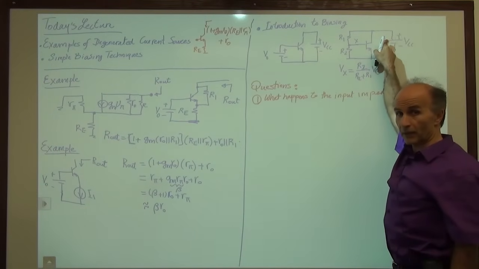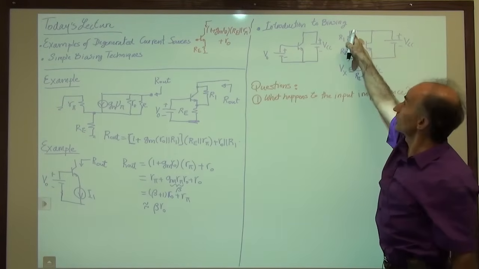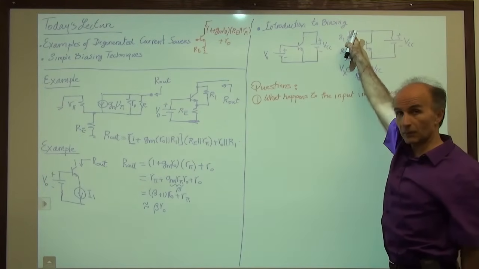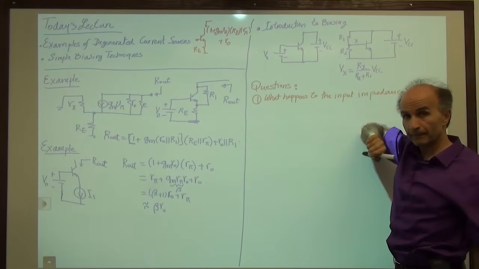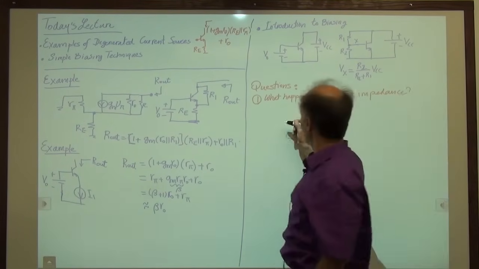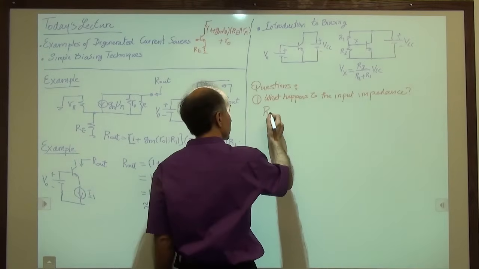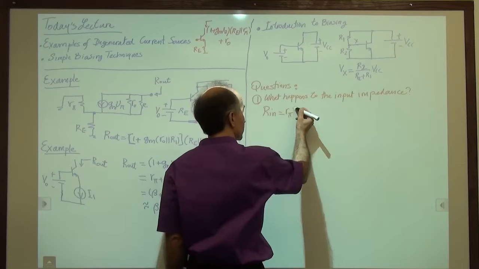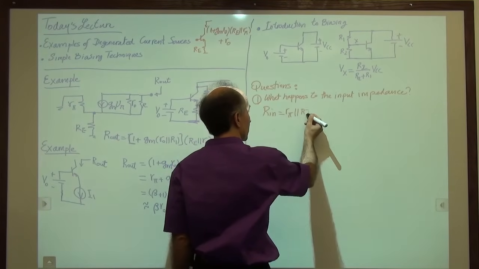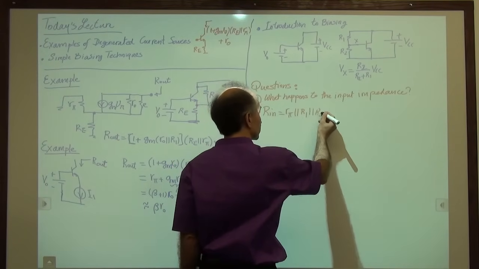This is a constant battery. Its voltage doesn't change with time. Because the change is 0, this point goes to 0 voltage. So it means that R1 is also going from this node to AC ground. So what we really have is the input resistance is equal to R pi, but in parallel with R1 and R2.